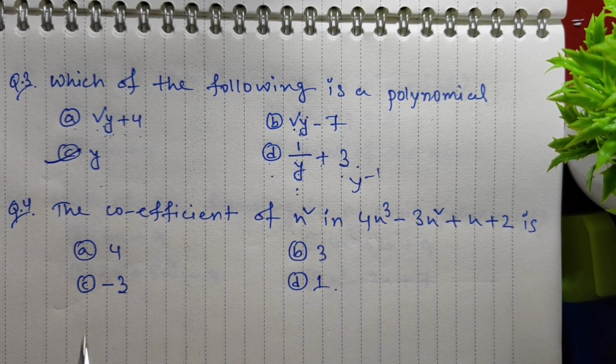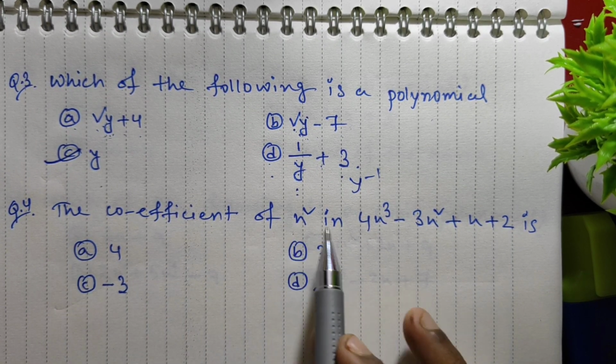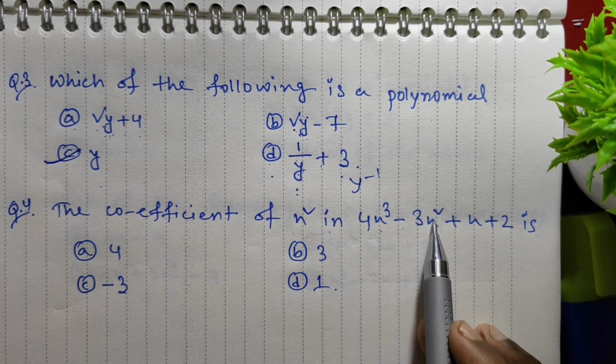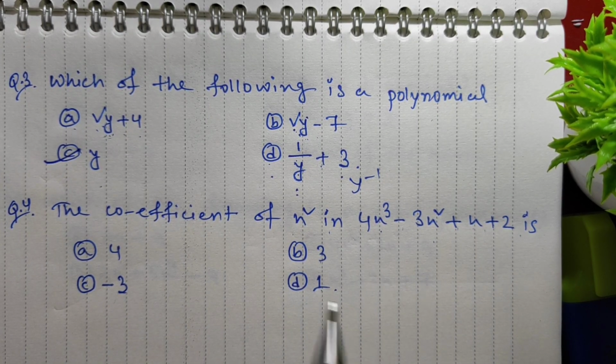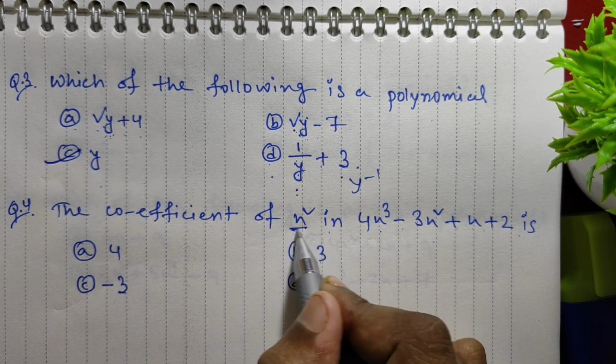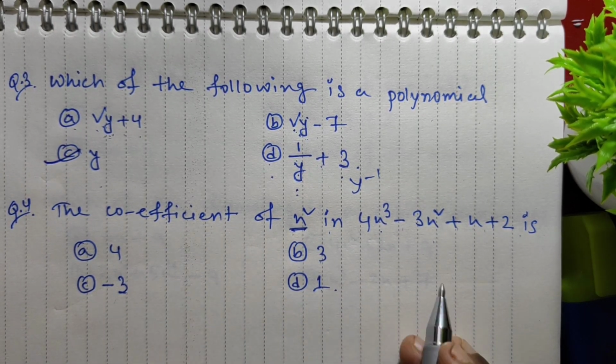Now number 4, the coefficient of x square in 4x cube minus 3x square plus x plus 2 is, and the options are 4, 3, minus 3 and 1. Now what is coefficient? First you have to see what you are going to find the coefficient for. So we are here to find it for x square. So first find x square.